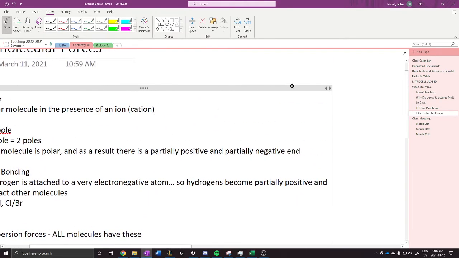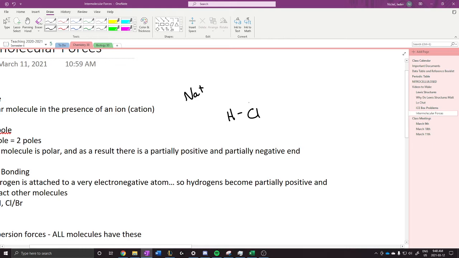An ion dipole force, I'll draw some little pictures here. This would be like if we had a sodium atom present, and then let's say that we had an HCl molecule sitting somewhere. If we have this HCl molecule, we know that the hydrogen will be partially positive, the chlorine partially negative.